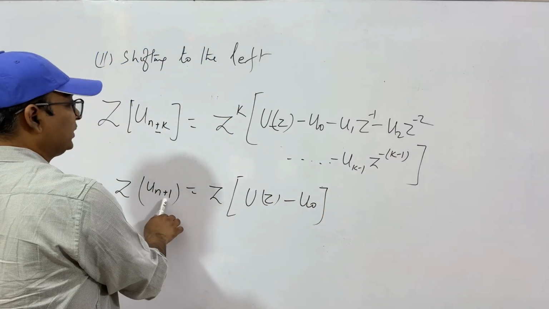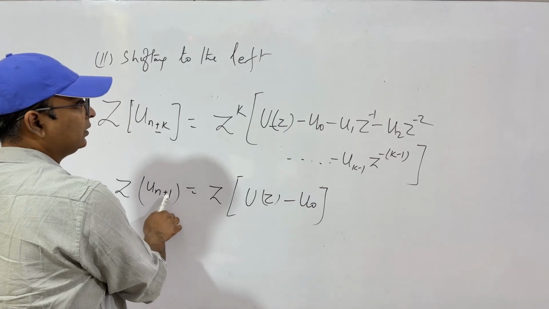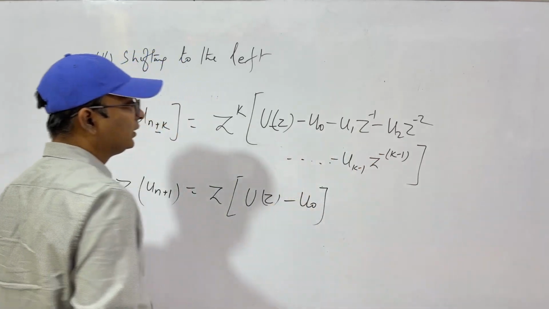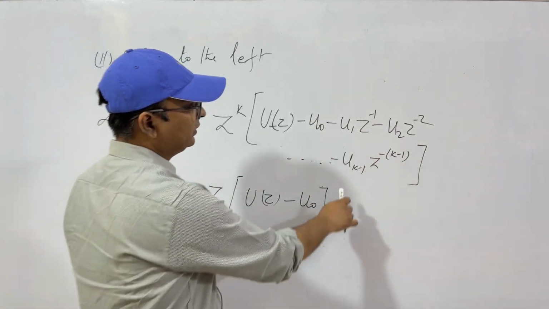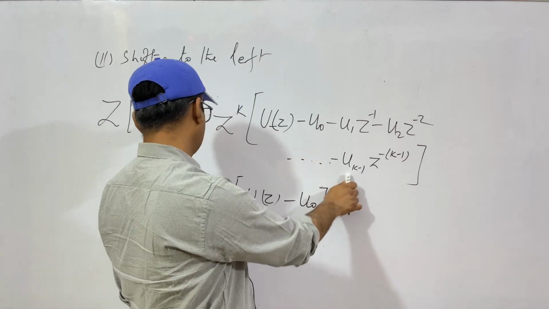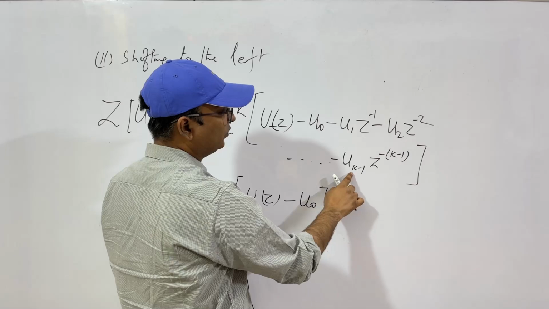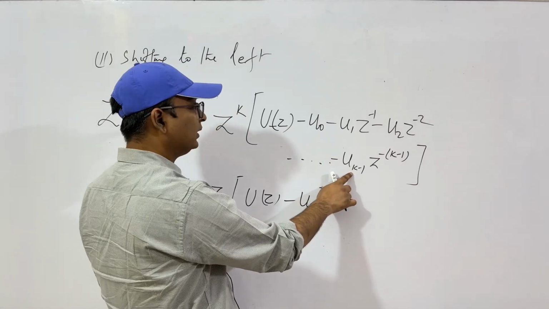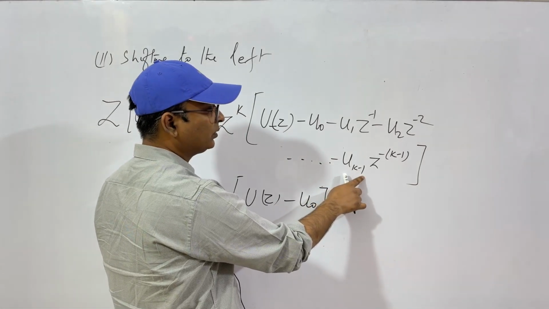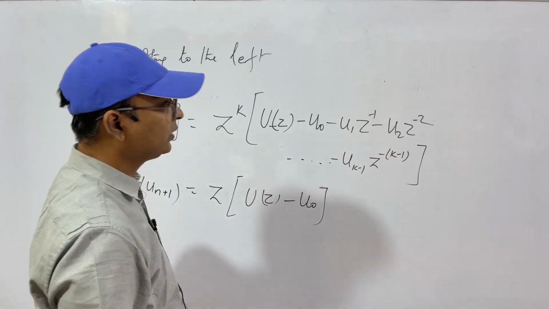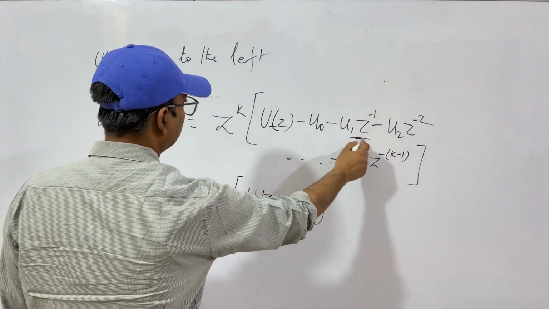Why? Because this is plus 1 only. When you put k equal to 1, only u0 remains, and the other terms are gone. It cannot be u1, that won't come into this.